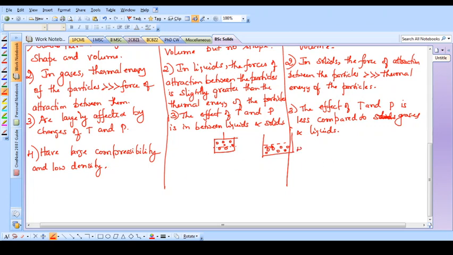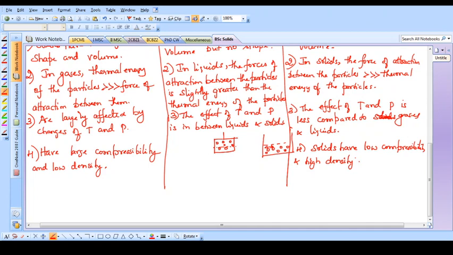On the other hand, solids have low compressibility and high density because the particles in the solid state are very tightly packed, so there is no empty space between the particles.